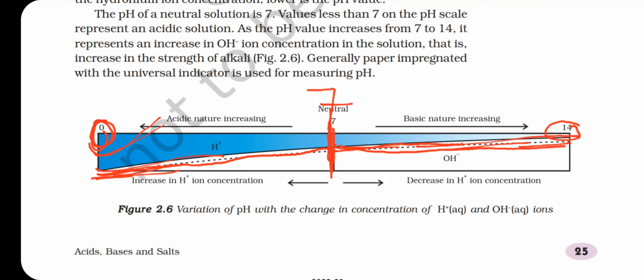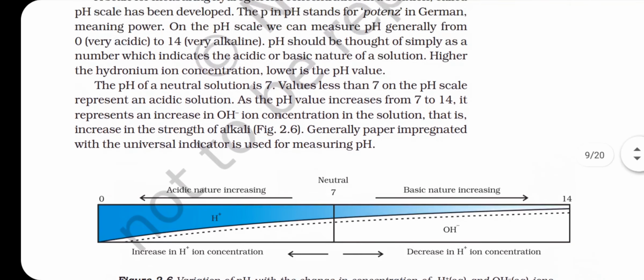So this is how the concentration of hydrogen ion, that is H plus ion, is measured with the pH scale. The pH of a neutral solution is 7, and less than 7 represents an acidic solution.